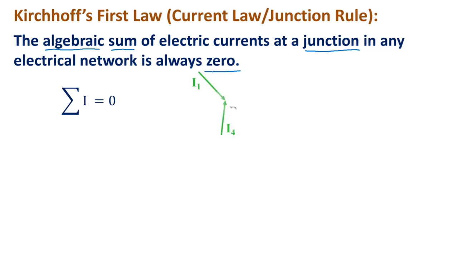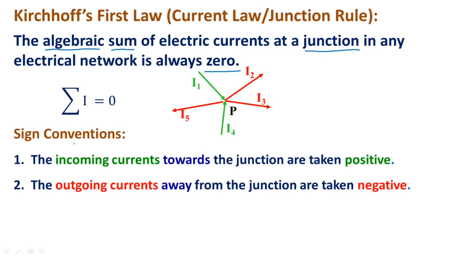Let at a junction point P, I1 and I4 be the currents entering the junction, and I2, I3, I5 the currents leaving the junction. As per the sign conventions, the currents arriving at the junction are taken positive.